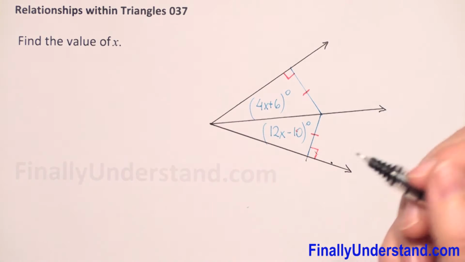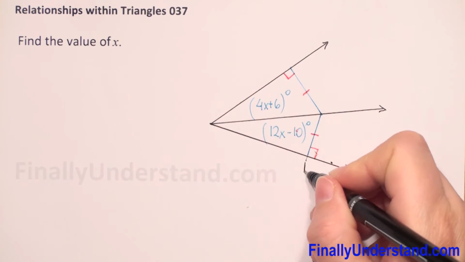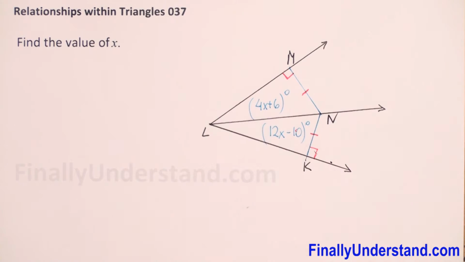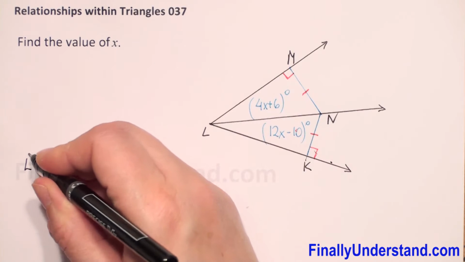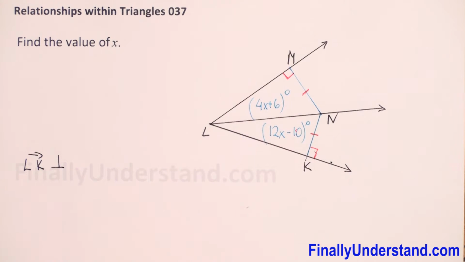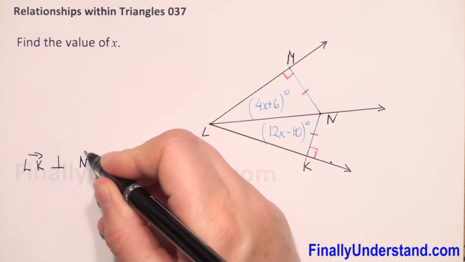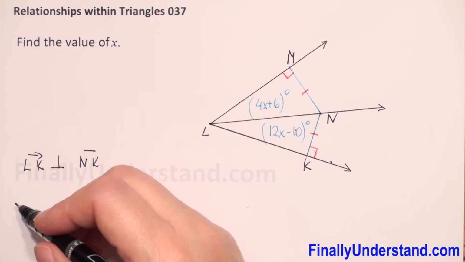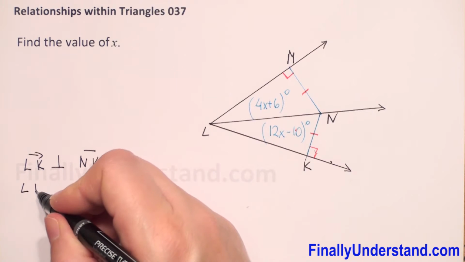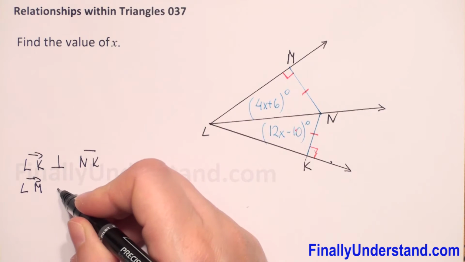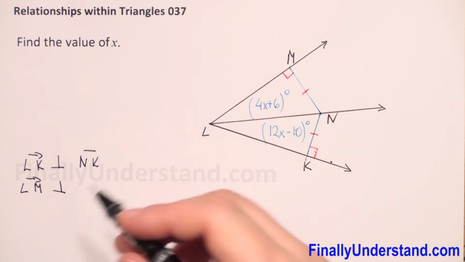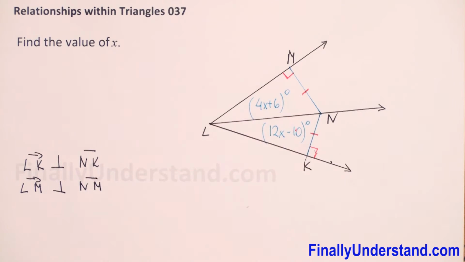So let me put that here. We have K, L, M, N points. So ray LK is perpendicular to NK segment because we have a square, and ray LM is perpendicular to NM segment.